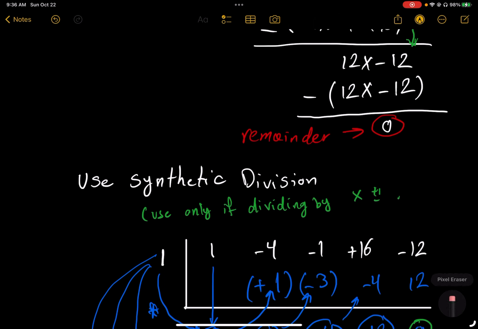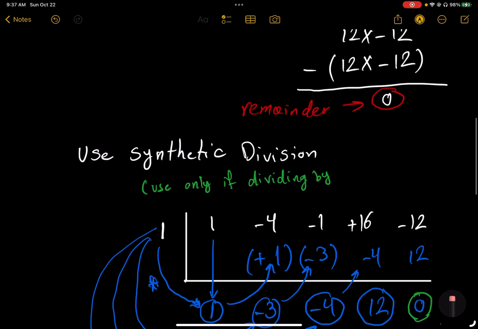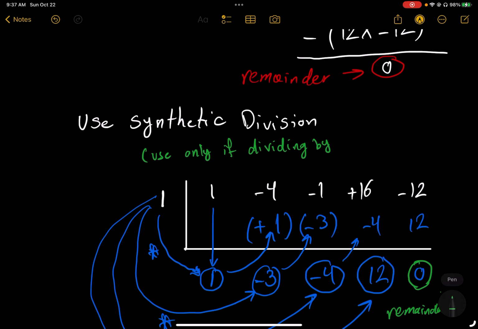If the divisor is only of this form, we can use synthetic division.